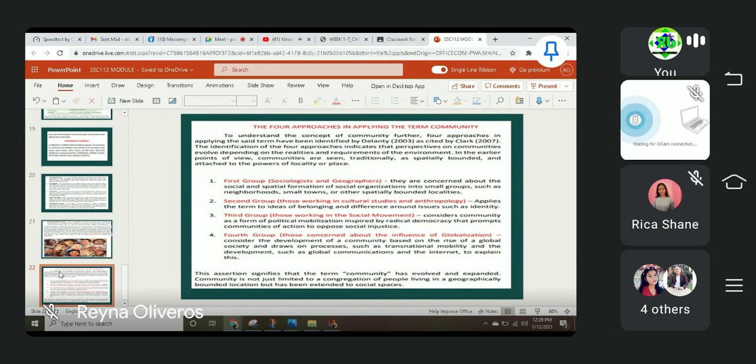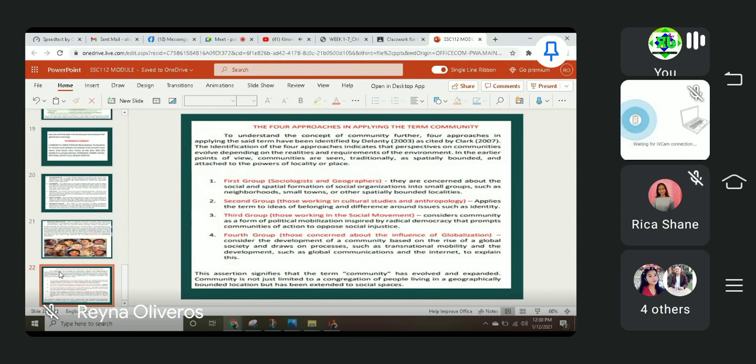Sumunod naman yung number 2, yung second group. Yung second group naman, they are working in culture studies and anthropology. They are the ones who apply the term to ideas and belongings and differences about issues such as the identity of the people who are living in the community.